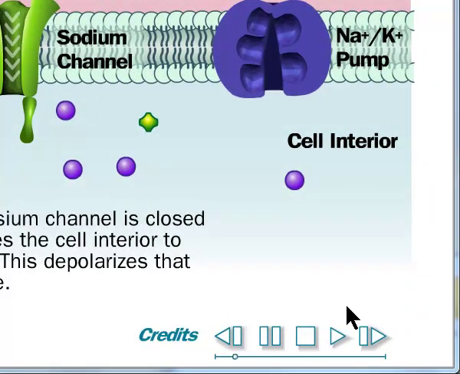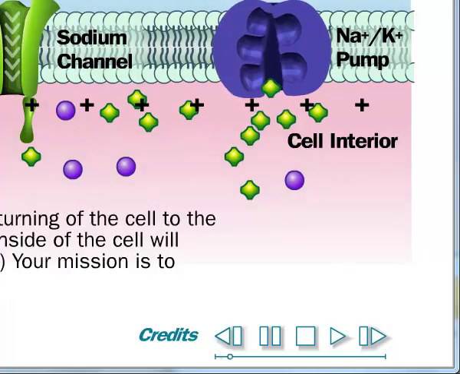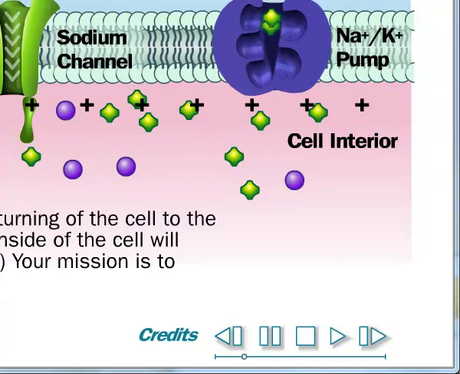So with this open channel, we're going to find that sodium flows into the cell. And notice the rise in the graph as the inside becomes more positive, and now the outside is more negative. Again, the sodium-potassium pump is going to reestablish those gradients.